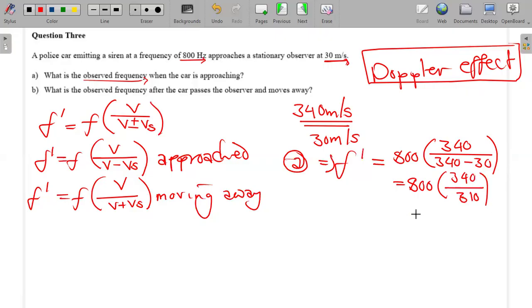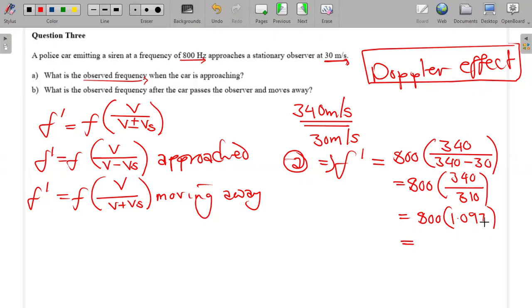If I divide 340 by 310, what do I get? 1.097.